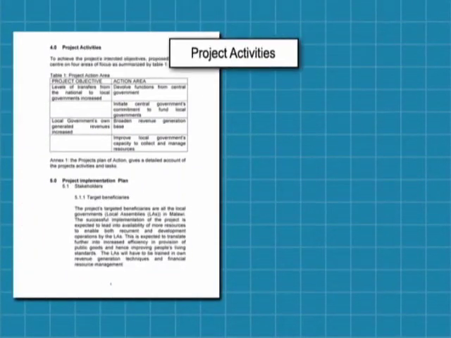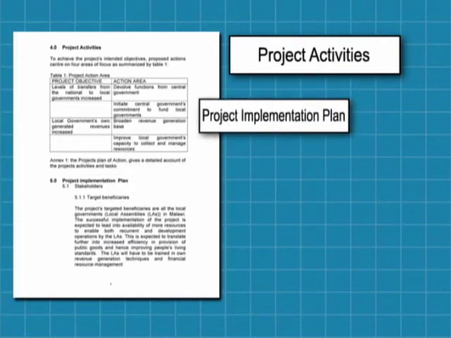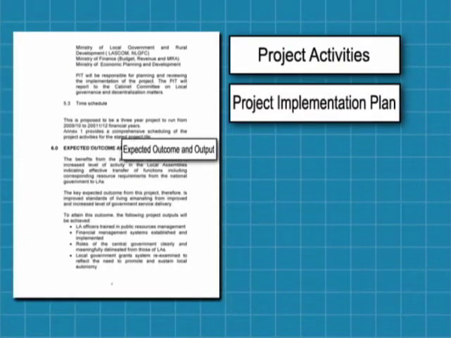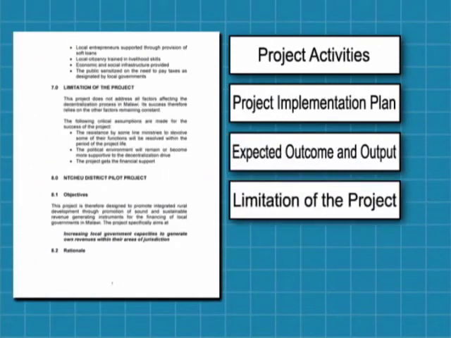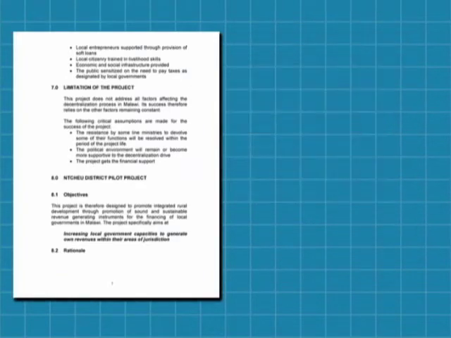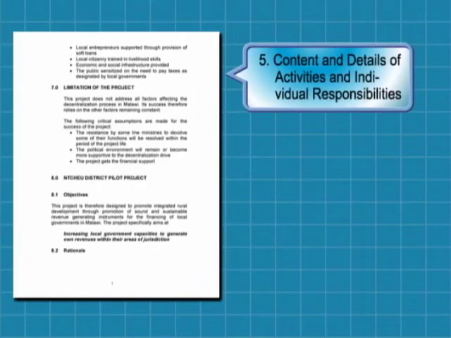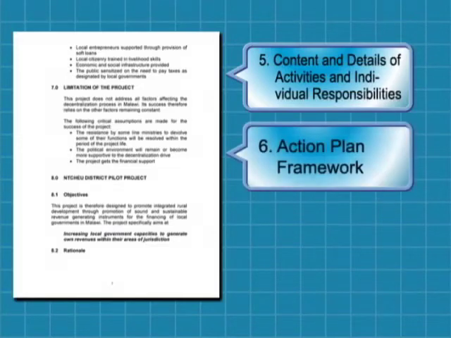Then follow project activities, project implementation plan, expected outcome and output, and limitation of the project. Here we can find information about 5. The content and details of activities and individual responsibilities, and 6.